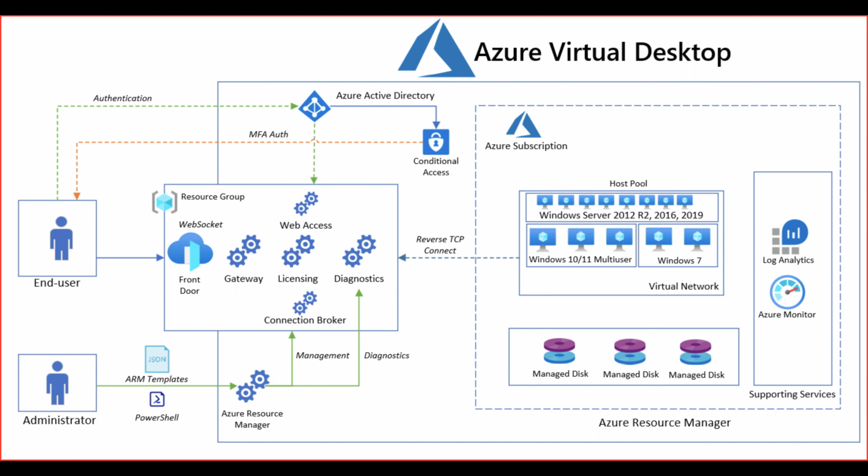the virtual desktop architecture. You can see the end user can avail multi-factor authentication with conditional access, and you can also see that the first authentication is also going with Active Directory as well. Another part, you have a resource group with web sockets, web access.